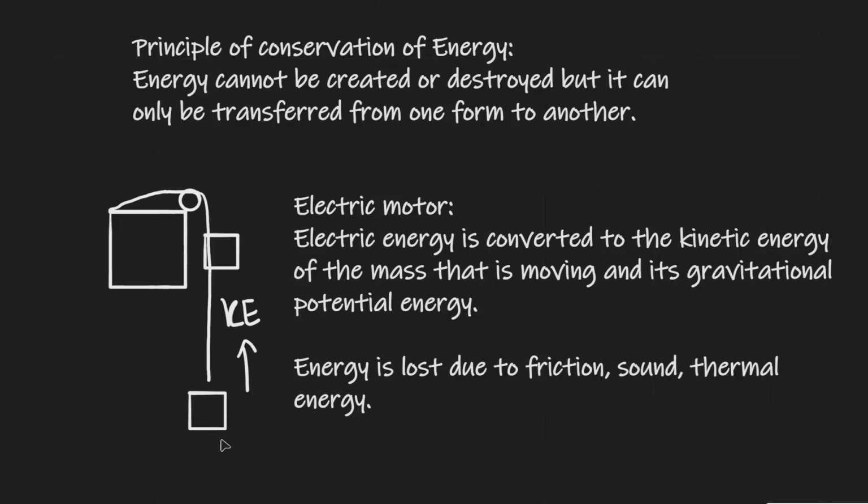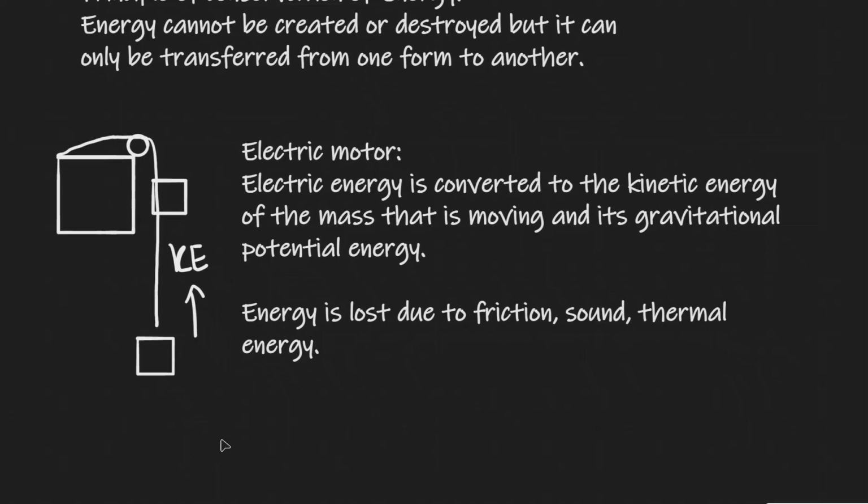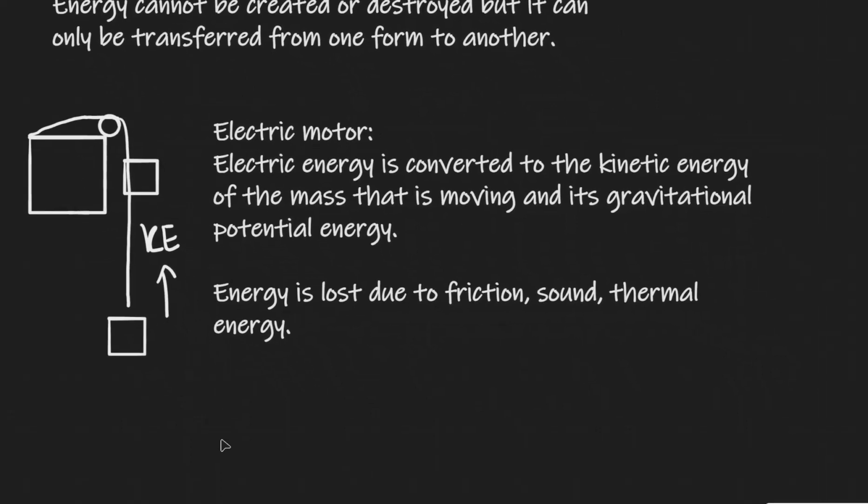And this here will be known as its useful energy. So we can even label this, that this bit here is useful. Some of the energy, though, will be wasted, and this is the type of energy here. Typically, this is due to friction, sound, or thermal energy.